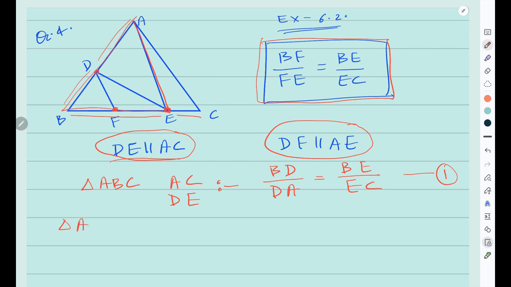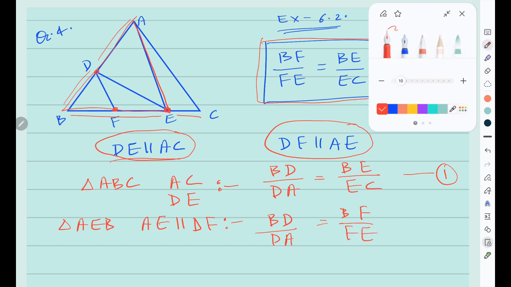So in triangle AEB, the base AE is parallel to DF, and then we can infer that BD to DA will be equal to BF to FE.